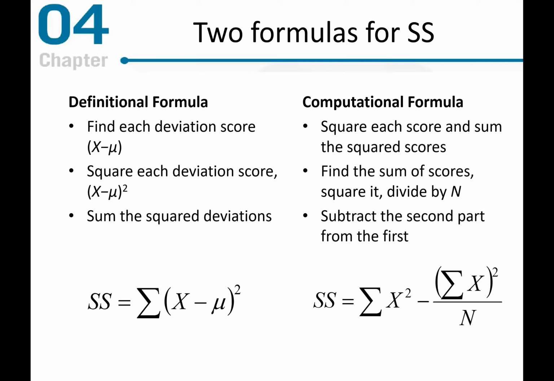In this one, we're going to square each score and sum those squared scores. We're also going to find the sum of the scores, square it, and then divide by the number of scores in our population.